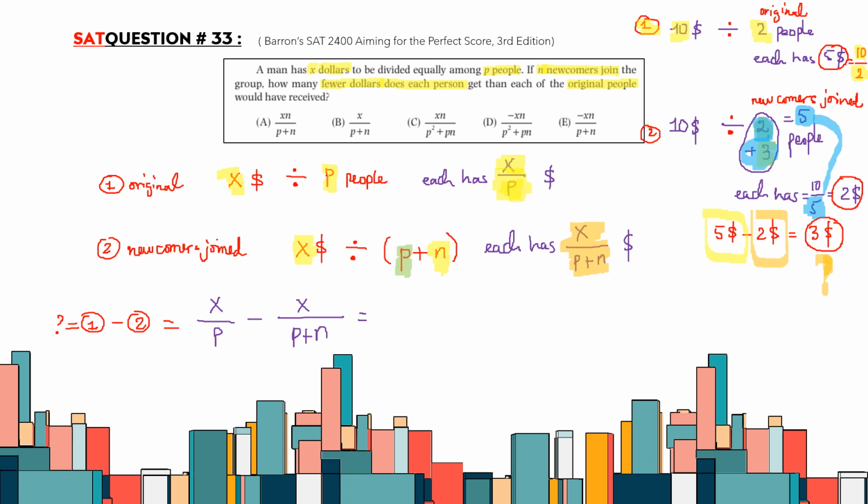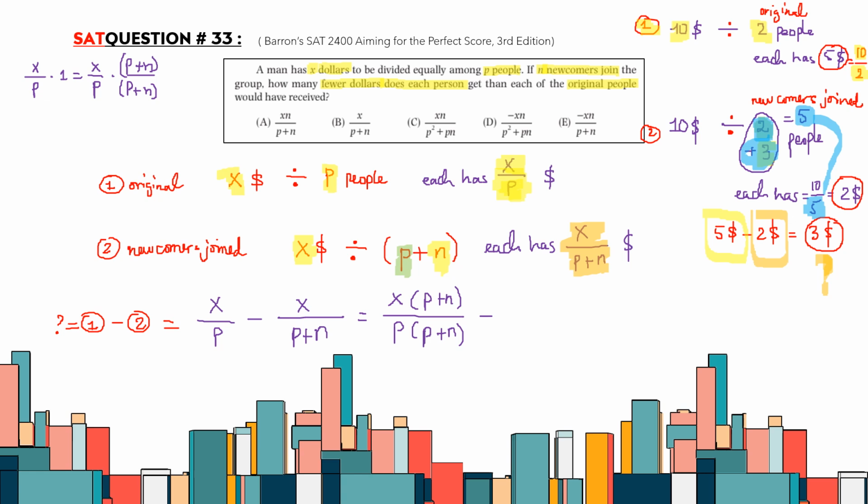We want the same one, so we multiply the first fraction by P plus N over P plus N. Because something divided by itself is 1, I didn't change anything, but I make sure we have a common denominator between the two fractions.